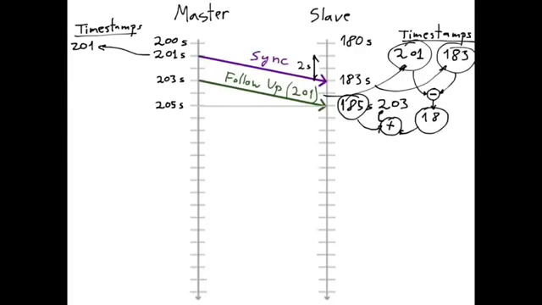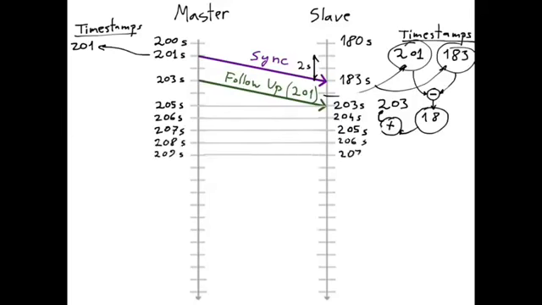This value of 203 seconds is then the corrected clock value for the slave, although without yet taking into account the propagation delay. This means that the clocks of the master and the slave are now almost synchronized. The only difference between the two is an offset of 2 seconds, which corresponds to the propagation delay.